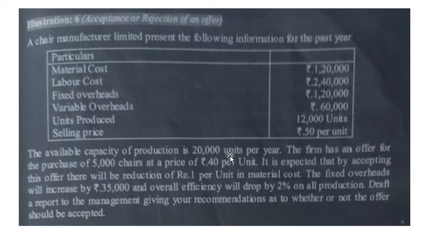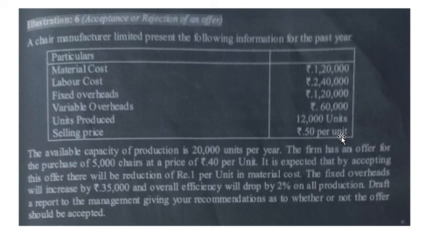For 12,000 units at rupees 50, 12,000 into 50 gives us 6 lakh. Then for 5,000 units, 5,000 into 40 gives us 2 lakh.